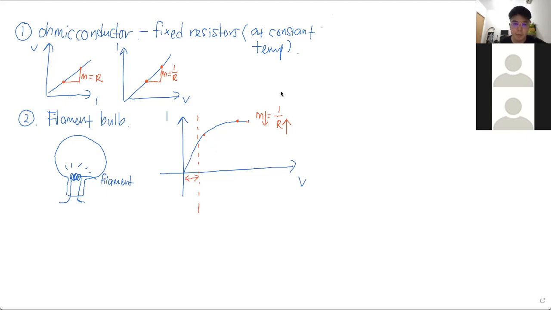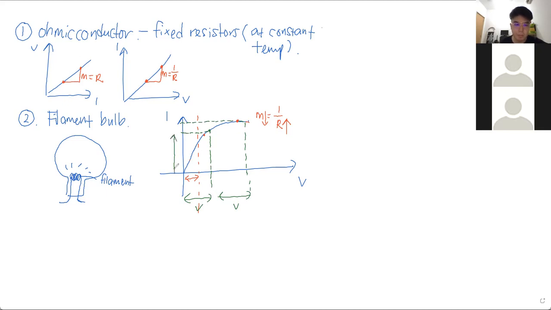The way you see it is like this. I can take one point, this one. This is V. I take the same length, this is also V, and I draw the line to the y-axis. For this amount of V, what is the current increase?